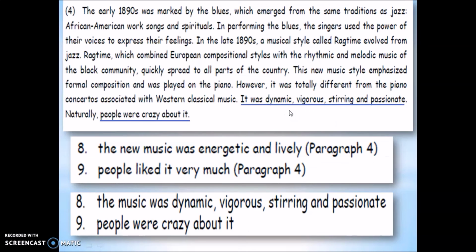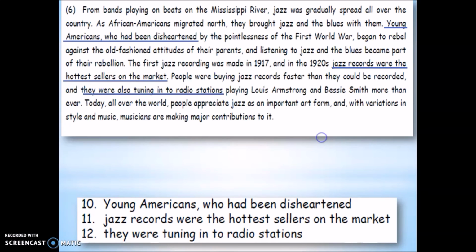And in paragraph 4, you see that the new music was energetic and lively. So it was dynamic, vigorous, stirring, and passionate. And people were crazy about it, means that people liked it very much. People were great fans of it. All right then.